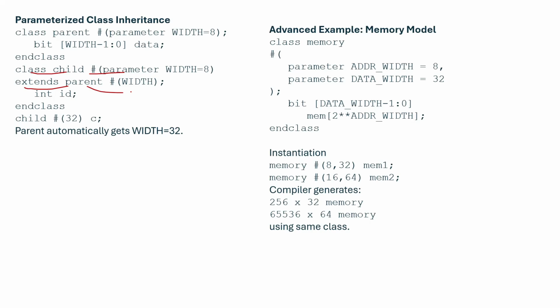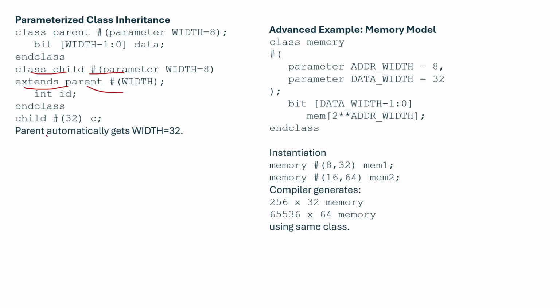See, parent width is the normal width and child width is the parameter I'm considering. Your parent width is 8 or 16, 32, anything, and then the child width we can override, like 32, 64, 128 in this way. This is the inherited class with parameterized classes.